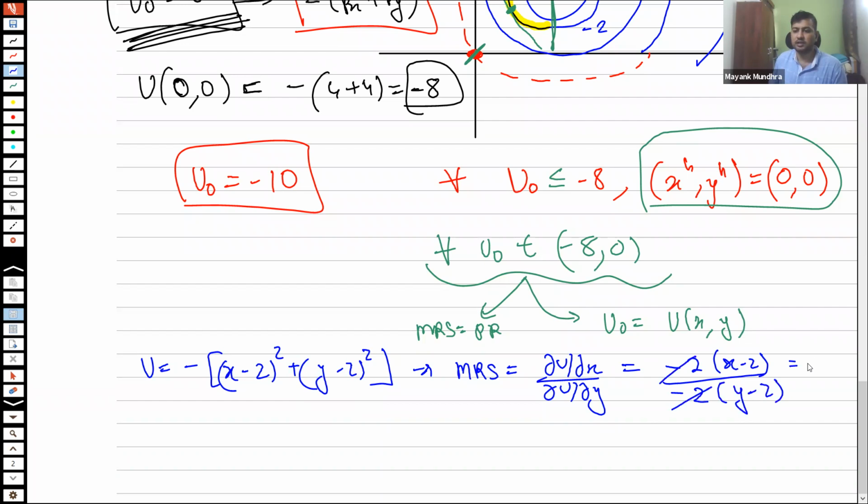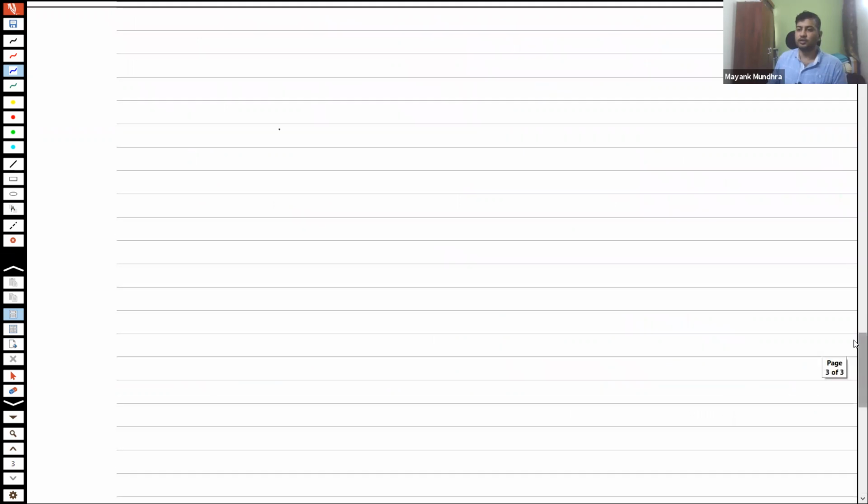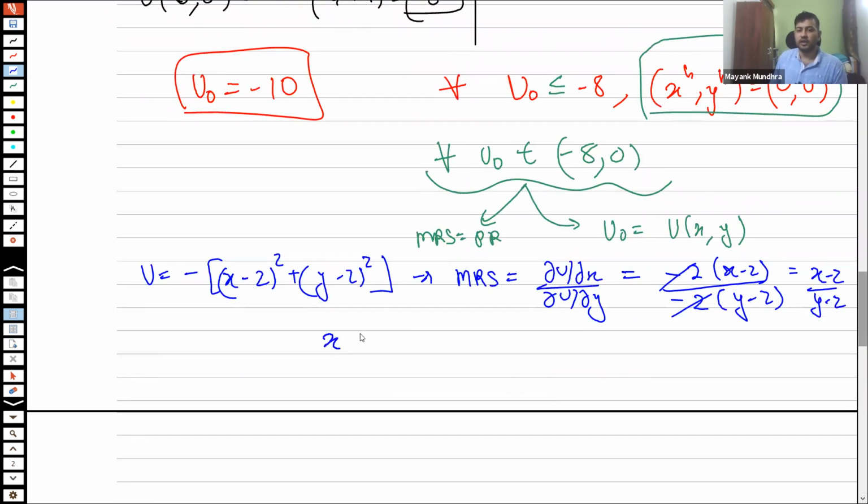So this cancels out, so it becomes (x minus 2) upon (y minus 2). So that is your MRS. Okay, and this should be equal to your price ratio. So (x minus 2) upon (y minus 2) must be equal to px upon py.